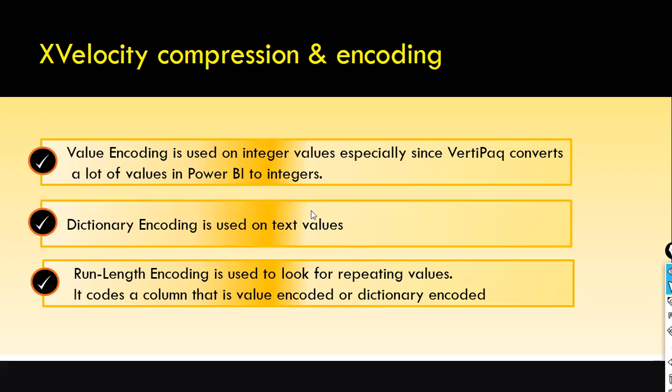In the case of text, dictionary encoding is done. If you have repeated values in a column, that is RLE, run length encoding. These are the three types of compression techniques available: for integers, value encoding; for text, dictionary encoding; and for repeating values, run length encoding.